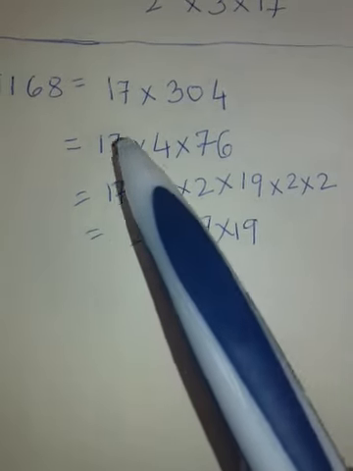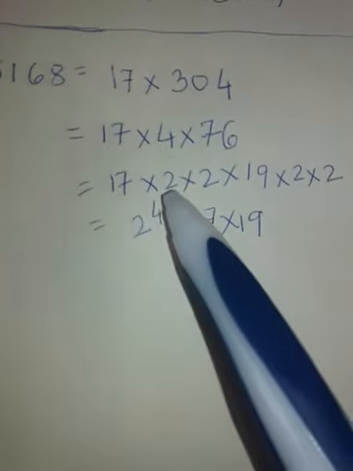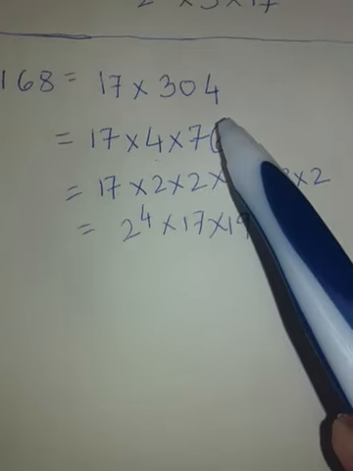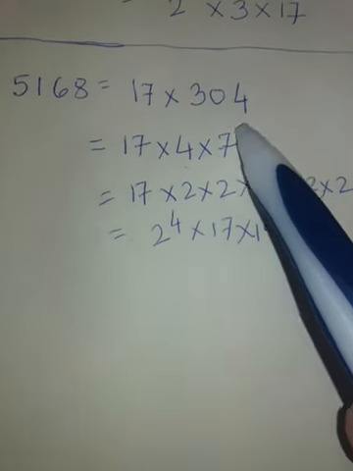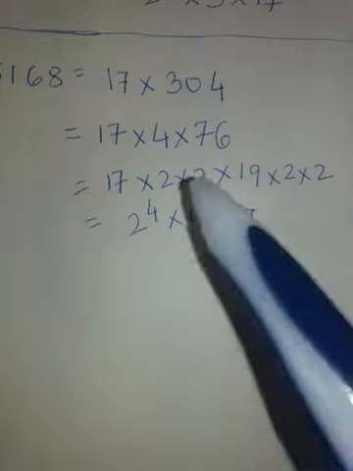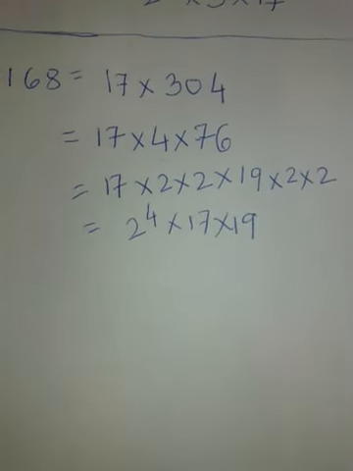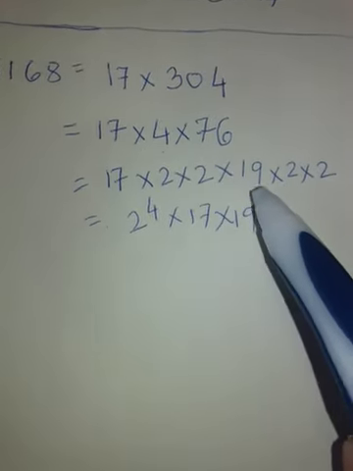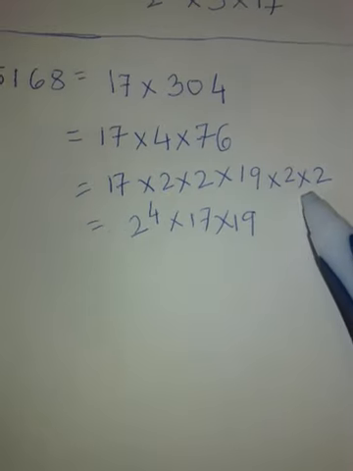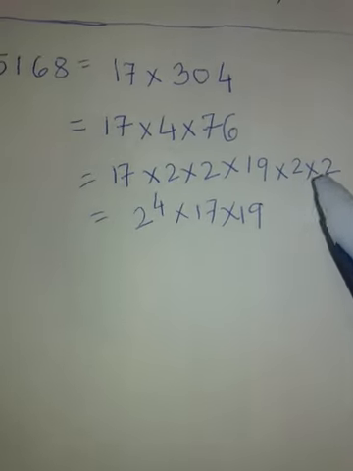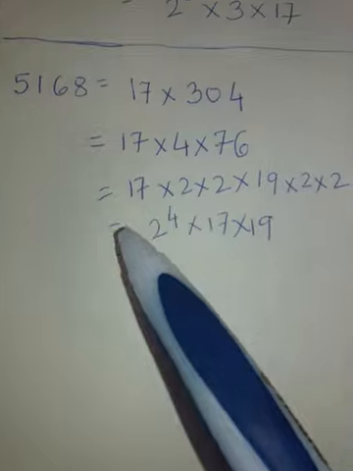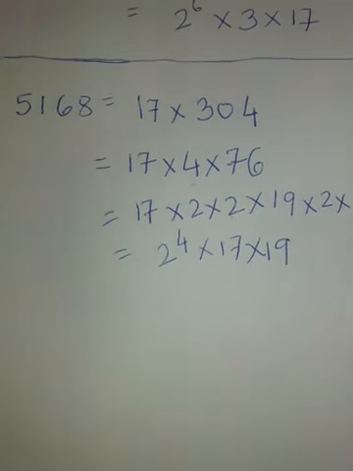So what am I going to do? 17 copy as it is. 4 is 2 into 2. Now again, since I know the tables, what is 76? It is 19 4s. So instead of 76, I am going to write 19 and 4s, I am going to write 4 as 2 into 2. So within a few seconds again, my factors are ready.